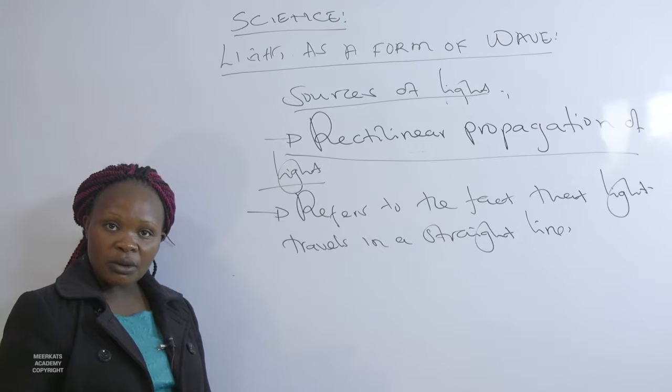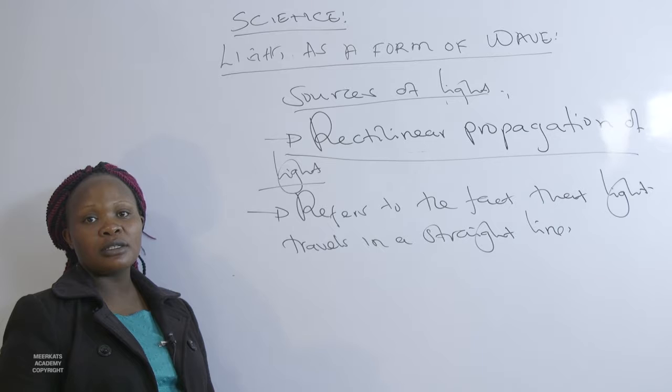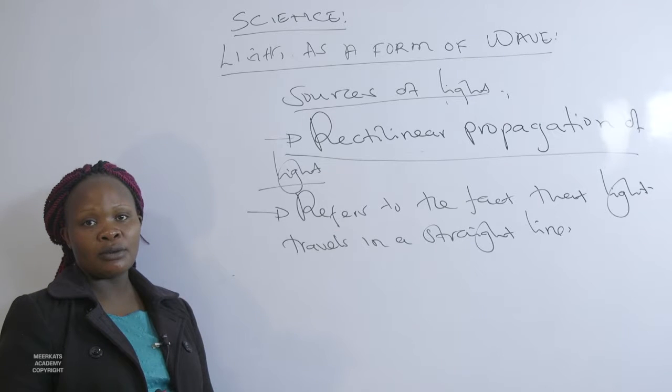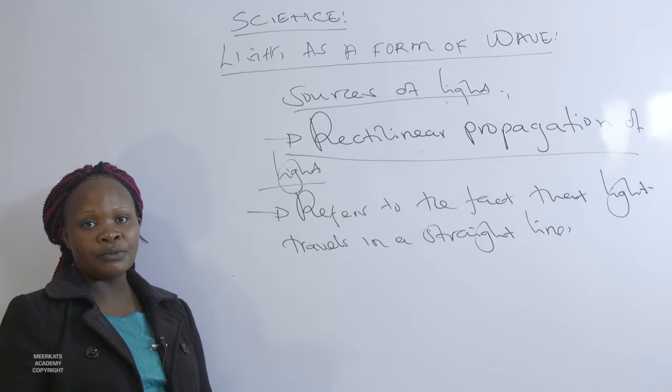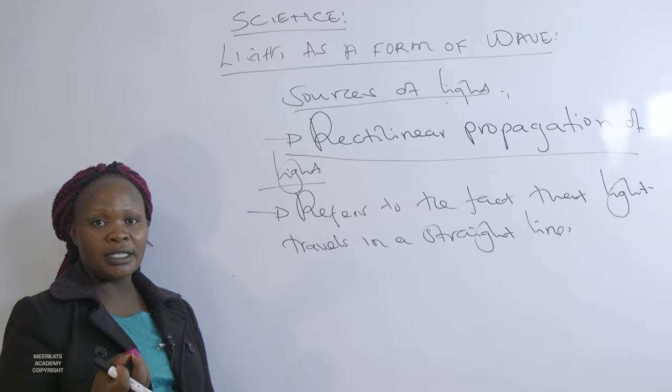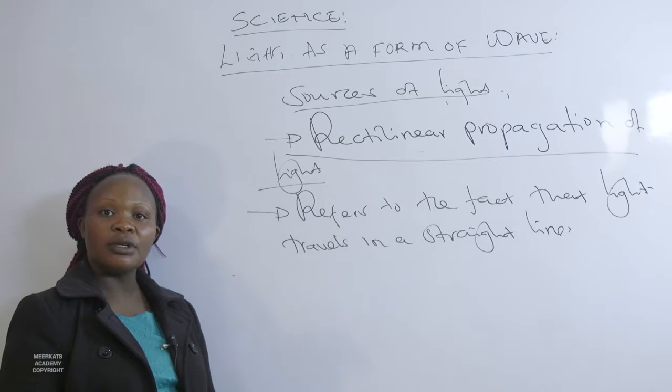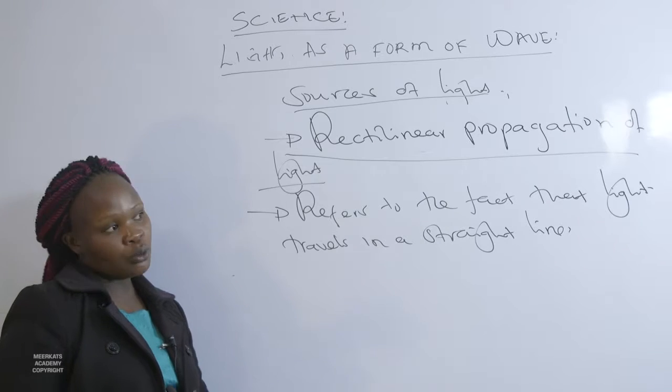You could see through them, some you can't see through them, and others will actually not allow light at all to pass through them. Therefore, if light from a source comes across something that cannot allow it to pass through, what will happen?